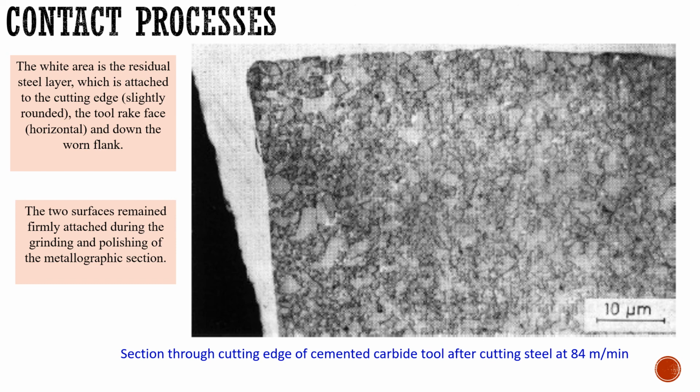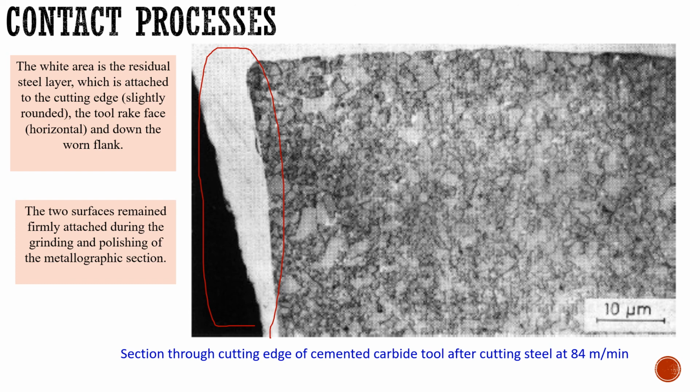And the figure shown on the slide is a photomicrograph of a section through the cutting edge of a cemented carbide tool that was used to cut steel. The white area is the residual steel layer that is attached to the cutting edge, which is slightly rounded, with the tool rake face horizontal and going down the flank.